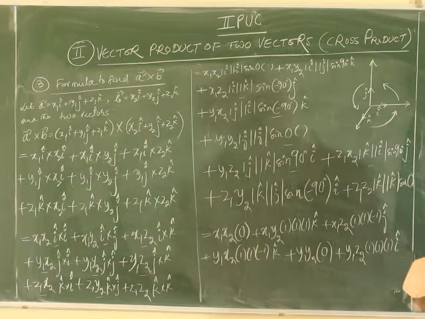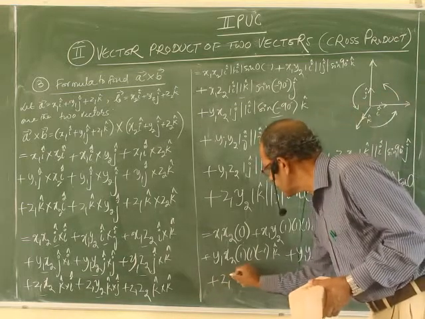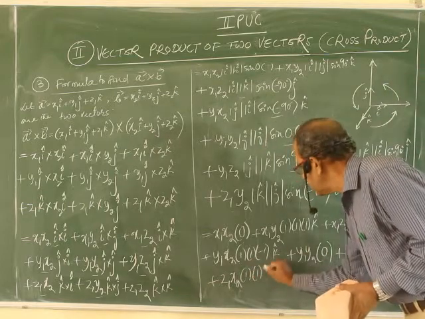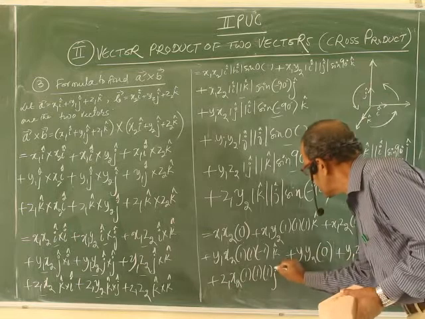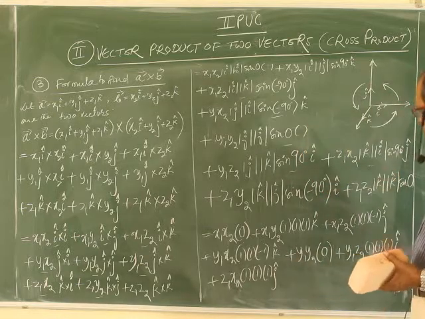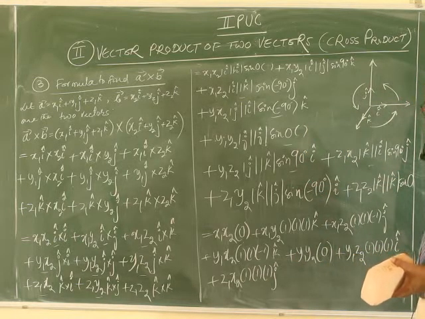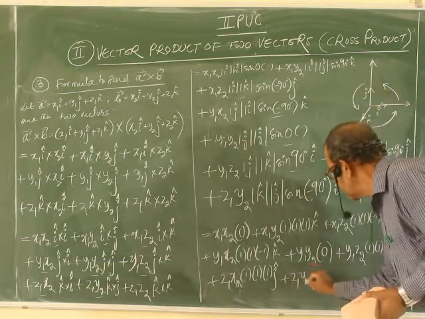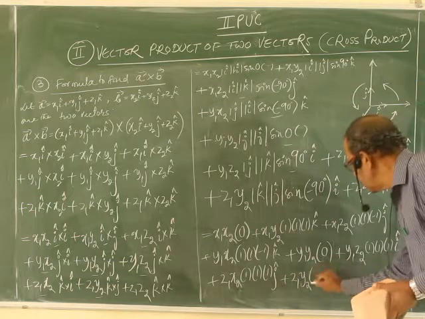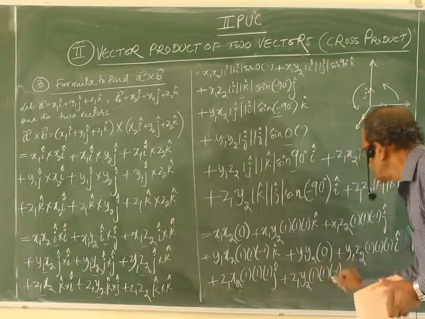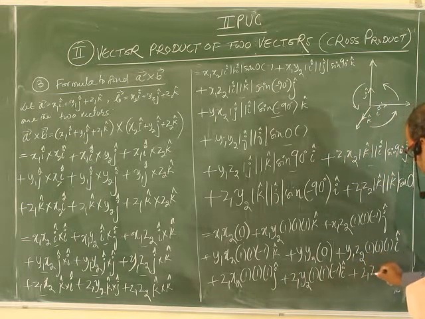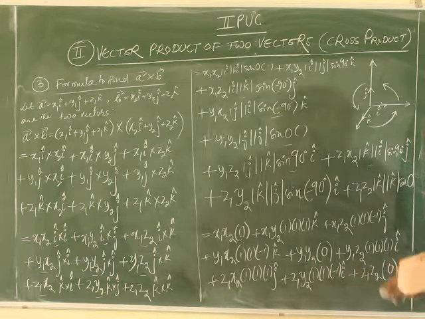This one over. z1 x2, 1 into 1 into 1 into j. This one over. z1 y2, 1 into 1 into minus 1 into i. Last one, z1 z2, 1 into 1 into 0, leave it.